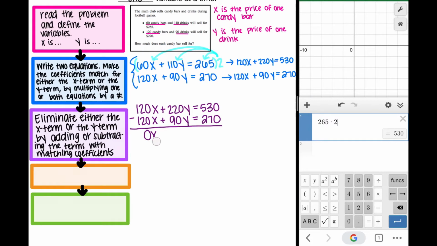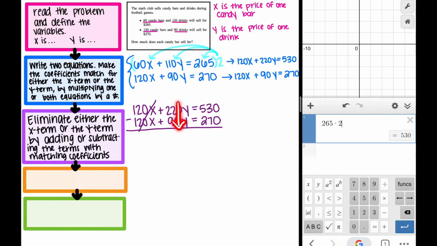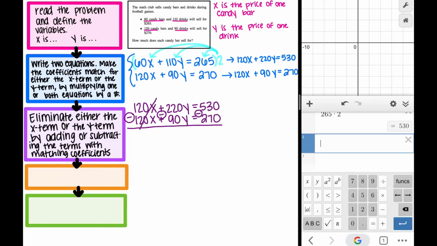If you have 0 times x, that's simply 0, so we don't need to write anything at all. We can simply cross it out. Then we continue to subtract straight down. Since I subtracted here, I also have to subtract here and here.